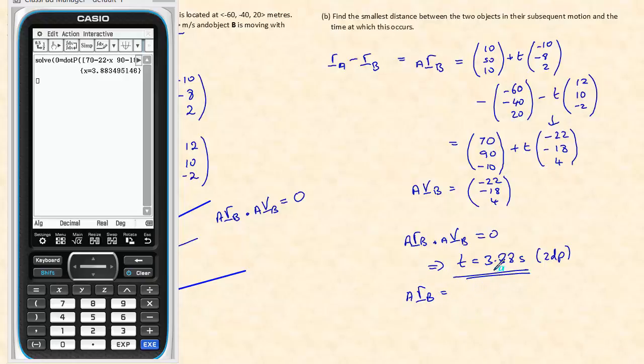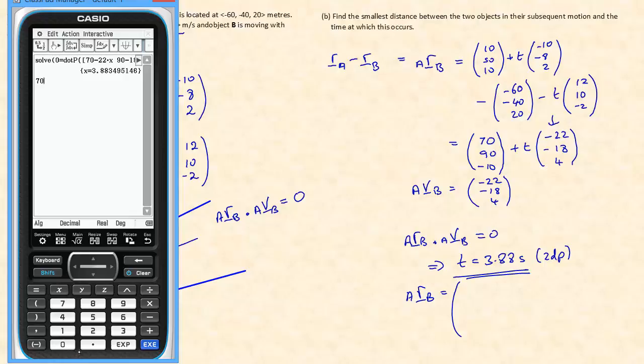So if t is 3.88, this was the relative position. So 70 add this time times negative 22.